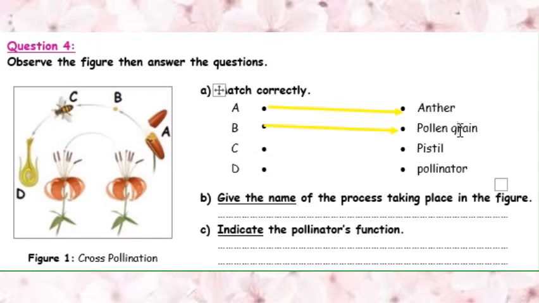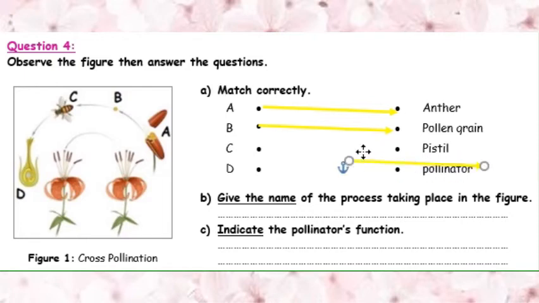pollen grains. These pollen grains will be taken or carried on by an animal, a pollen helper that will move it to the girl. So as you can see, part D shows the female reproductive part, which is the pistil or the carpel.